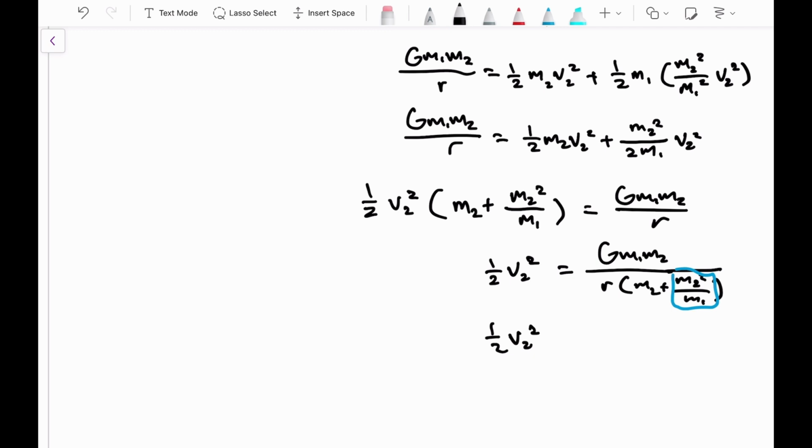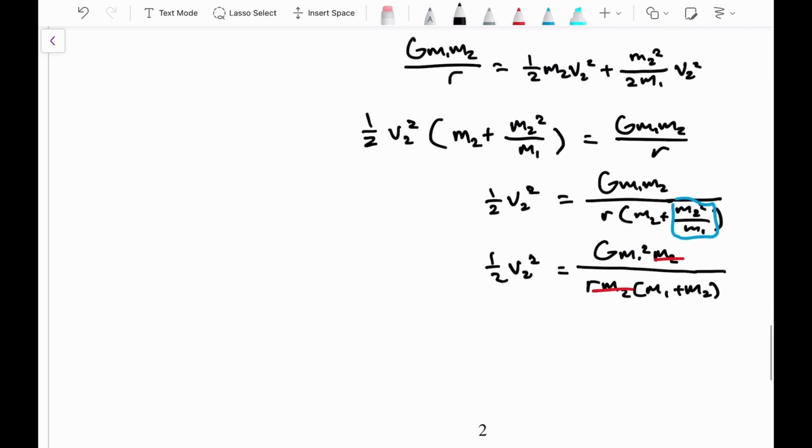Yes. Times top and bottom by m1. And we will be able to factorize m2 out from the inside, and what's left is m1 plus m2. And okay, we can also cancel the m2's out, and then we times 2 the other side.